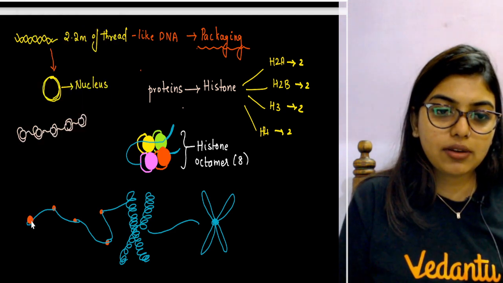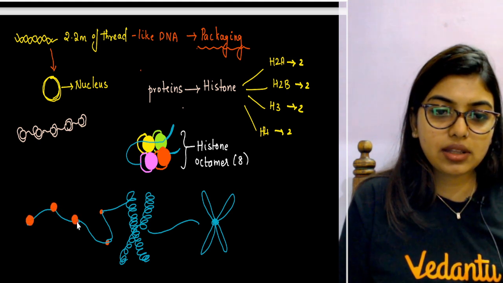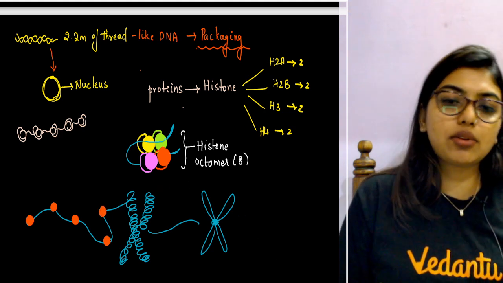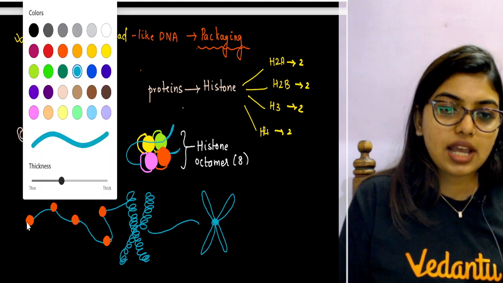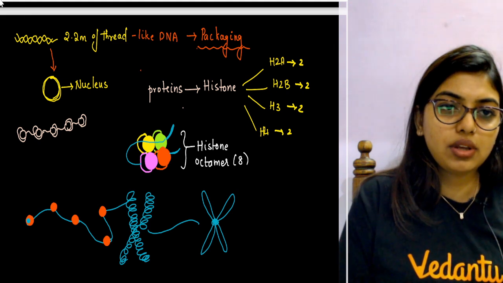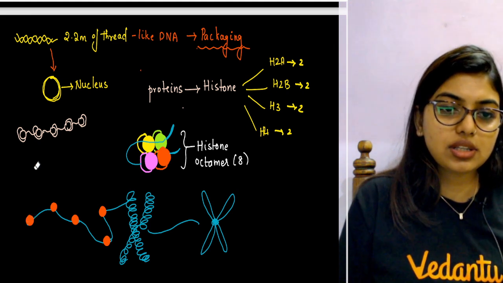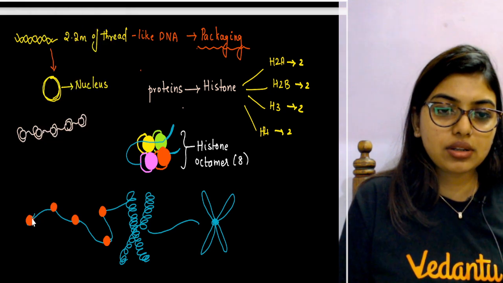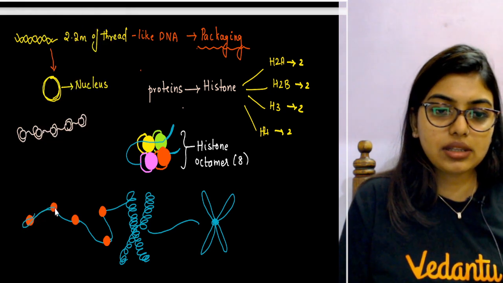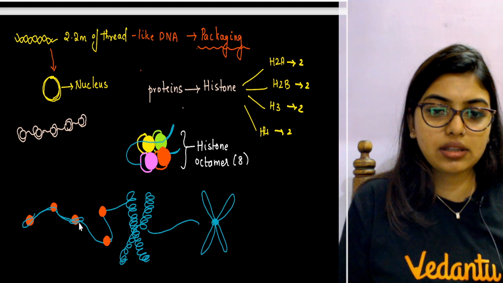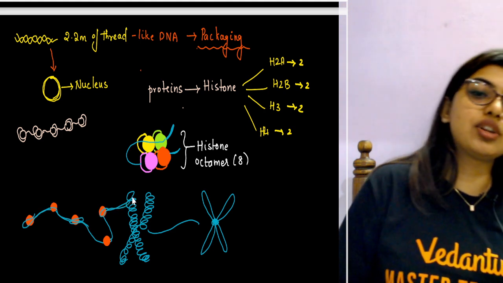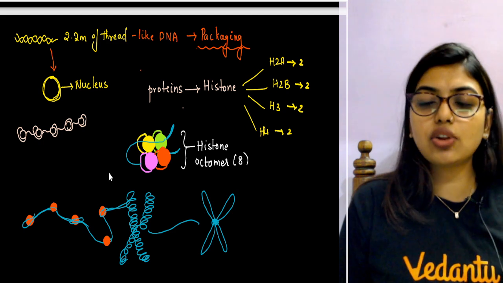If I'm drawing here, this is one, this is one, and so on, and then they become condensed and form condensed structures, and that's how they become this much. They'll go like this and condense around. Understood? So now this entire thing is called histone octamer.